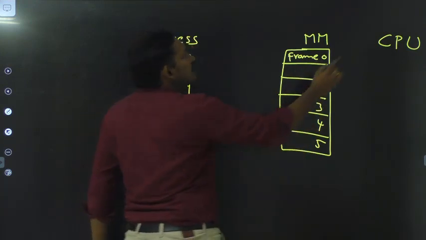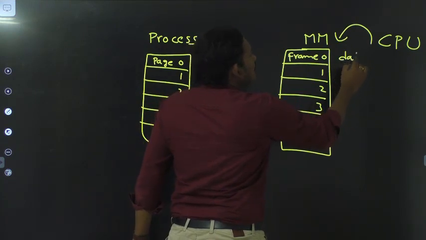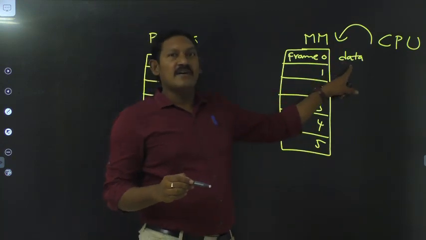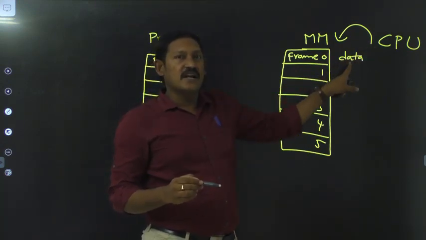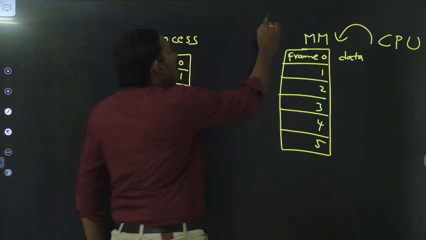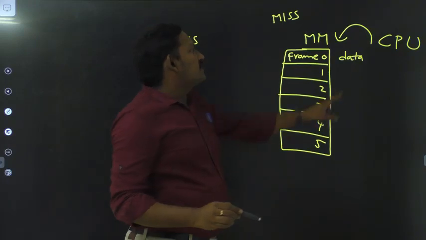Suppose we have pages 0, 1, 2, 3, 4, 5, and the CPU is searching for data which is not available in the main memory. If the CPU requires any data during execution and the data is not available in the main memory, then we call it a miss.